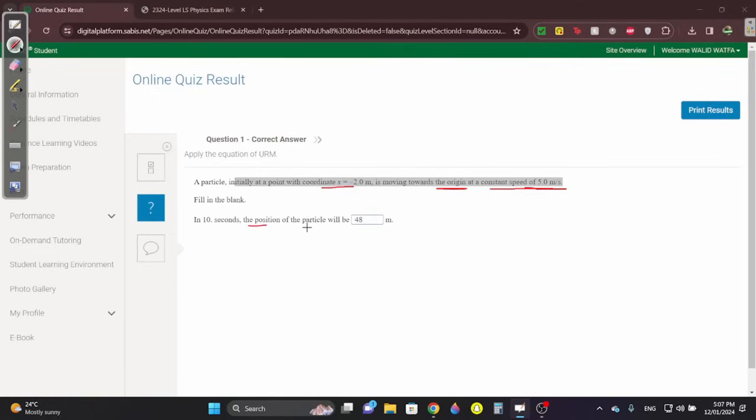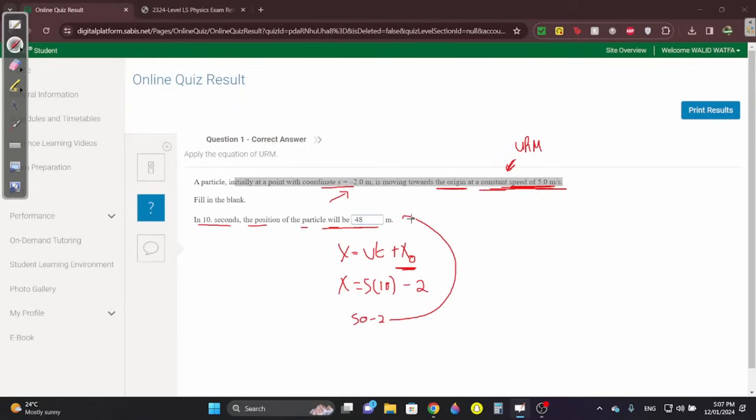In 10 seconds, the position of the particle will be, since it's constant speed, constant speed means URM. Just remember that. Whenever you see constant speed, always think about x equals Vt plus x naught. X equals velocity is 5 times 10 seconds, and x naught, the initial position, is -2. You get 50 minus 2, which is 48.